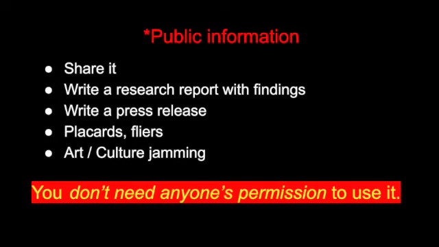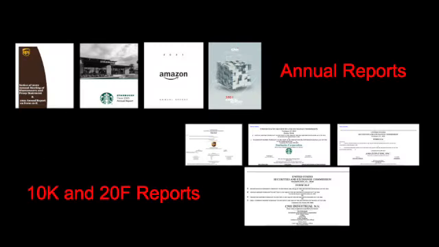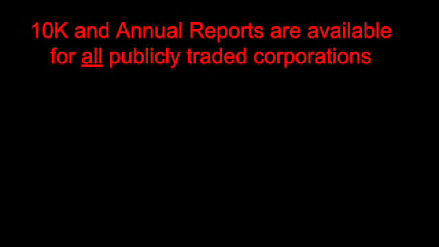The final thing I wanted to mention about this information before we really start digging in and plugging away with those keywords is that these 10K reports and annual reports are available for all publicly traded corporations.